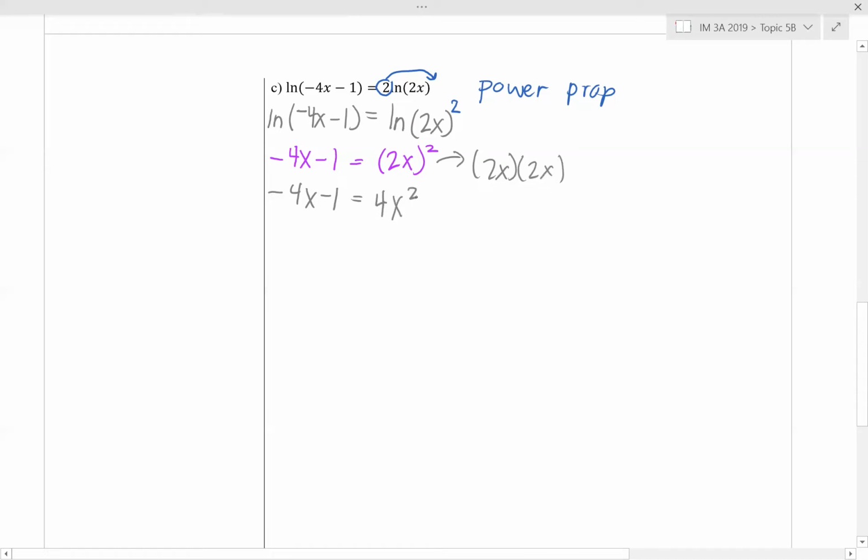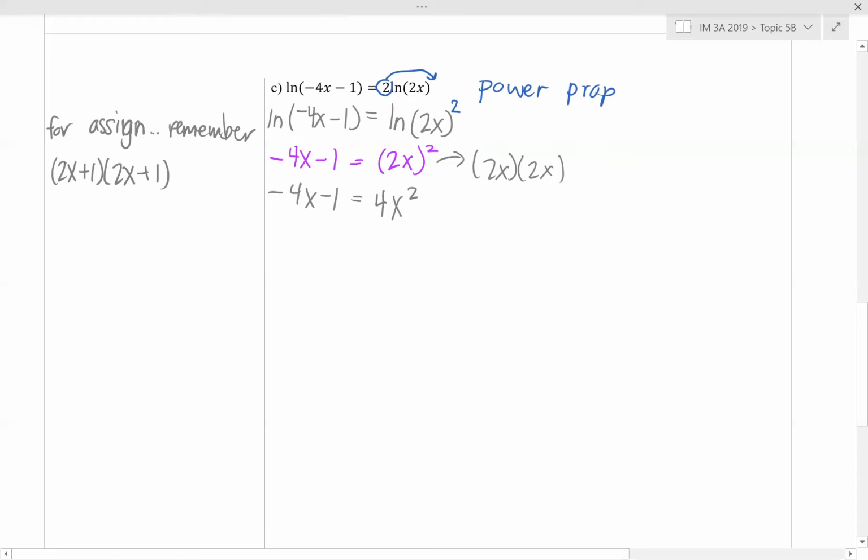On the assignment, you will have something like 2x plus 1 times 2x plus 1. I would have to distribute that.